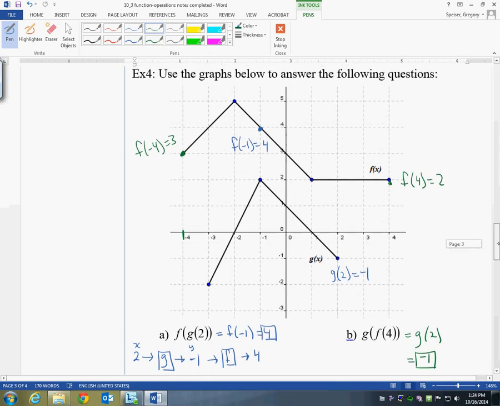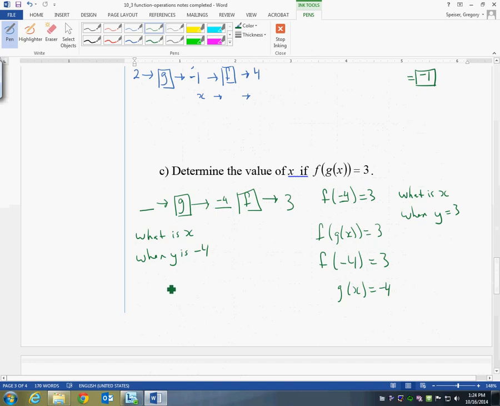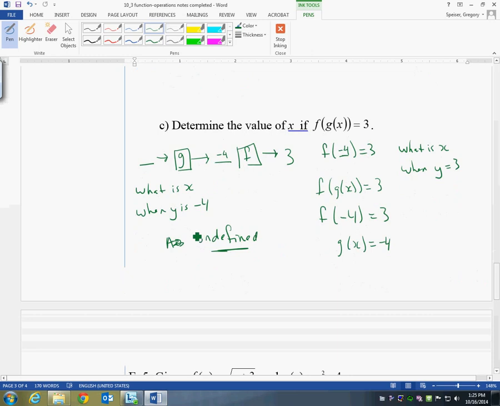What was it, -4? Yes, it was. Okay, and there is no answer. This is undefined. There is nothing you can plug into g to get a -4, and you need a -4 to get a 3. So this one is undefined.